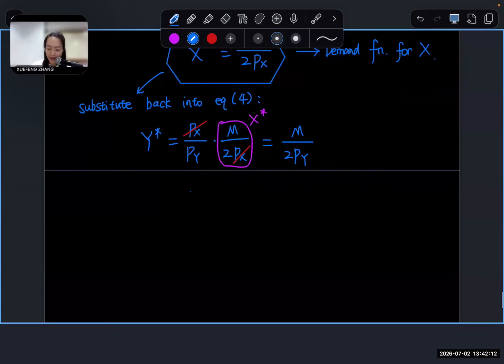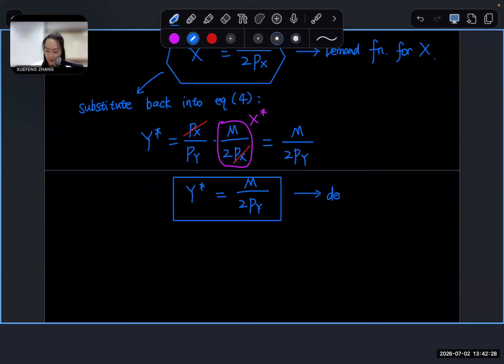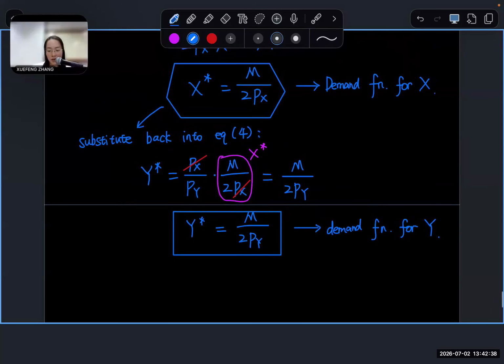Okay, that means y star equals m over 2py. This is our demand function for y. Clear about those two?